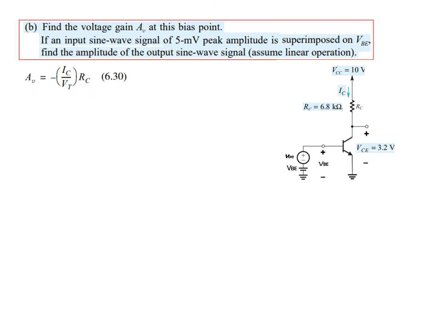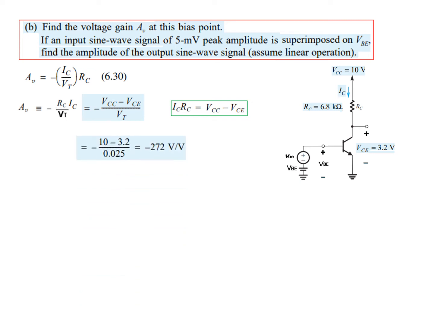This was the relation that we had found, and this can also be written as VCC minus VCE divided by VT. You can see ICRC from here; ICRC is VCC minus VCE. Plugging in the values 10, 3.2 and 25 millivolt, the gain is minus 272 volt per volt.